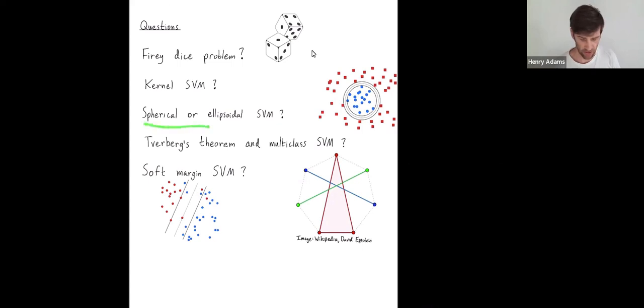Using the same picture, there's a version of spherical or ellipsoidal SVM where the dividing margin is a sphere or an ellipse. Think like a racetrack, separating the blue points on the inside from the red points on the outside. What's a version of this analysis, or something analogous to Radon's theorem, that you could apply here?